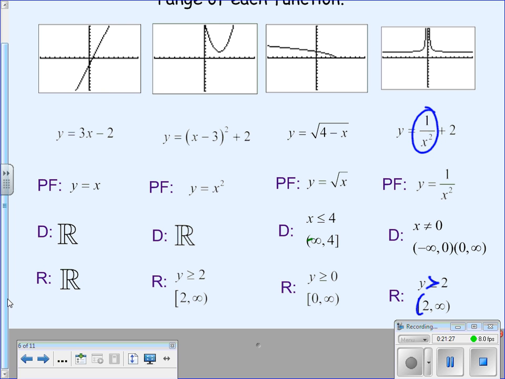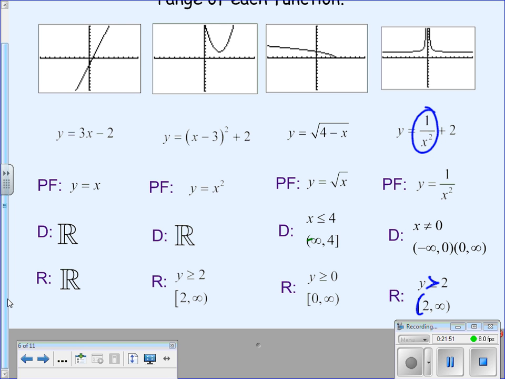So I have something that's always a little bit more than 0 plus 2, so it will never actually be 2. It will always be just a little bit above 2. It might be an infinitesimal amount, and for all intents and purposes it is 2 when you get really far out there. It's close enough for government work, we can call it 2, but technically it never actually is 2.